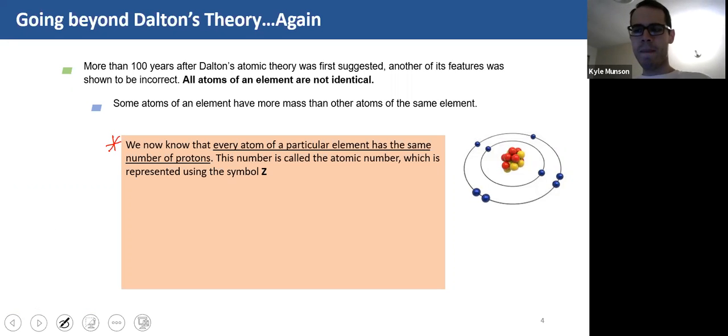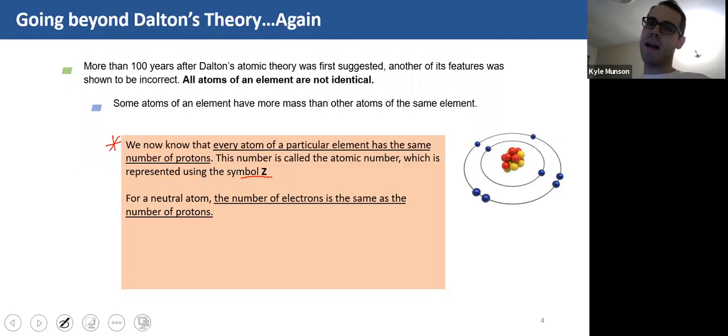The number of protons is called the atomic number, which is represented using the symbol Z. I don't make the rules, and I'm not sure why Z is chosen as a symbol here, but it's what somebody came up with. So the atomic number, the symbol is Z, and every atom of a particular element has the same number of protons.